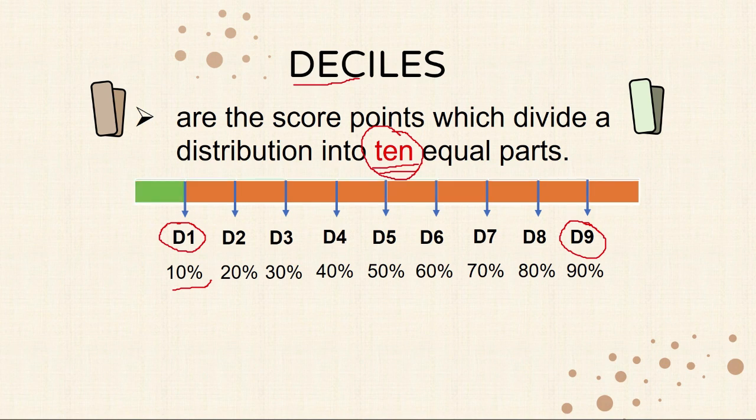The first decile is equivalent to 10% of the distribution, D2 is 20%, D3 is 30%, D4 is 40%, D5 is 50%, D6 is 60%, D7 is 70%, D8 is 80%, while D9 is 90% of the distribution.